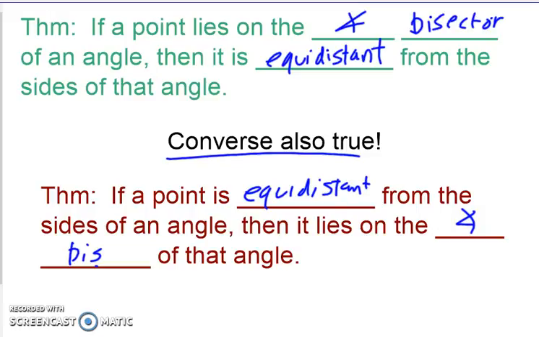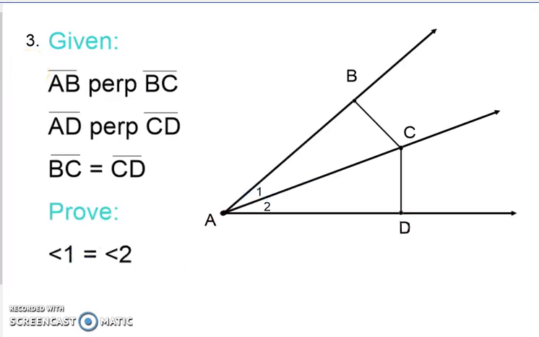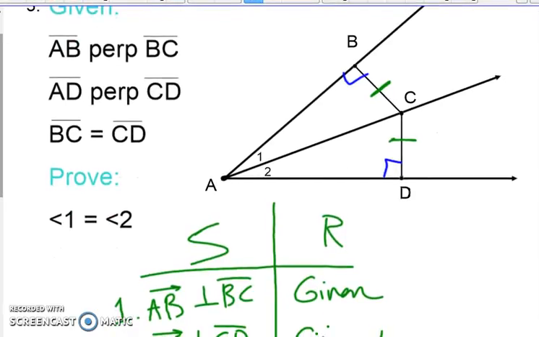Let's see how we use this in a proof. Go ahead and mark the givens and put your information, the given information, in your proof to start. Okay, so if we want to prove that angle 1 and angle 2 are congruent, what we're really trying to show is that AC is an angle bisector of angle BAD.